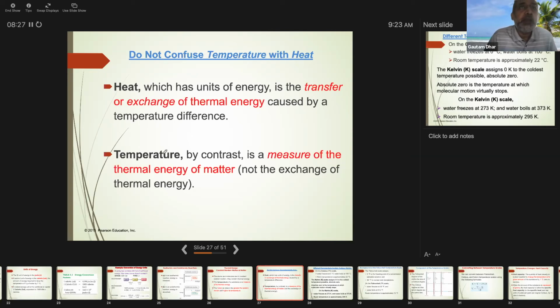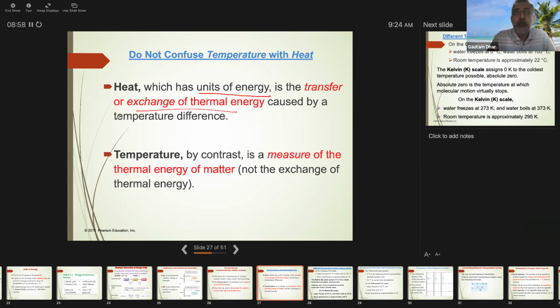So heat, which has a unit of energy, is a transfer and exchange of thermal energy, just like I said with the refrigerator, reducing the kinetic energy of the molecules by taking away energy in the form of heat. And heat we can only measure when it's getting transferred.